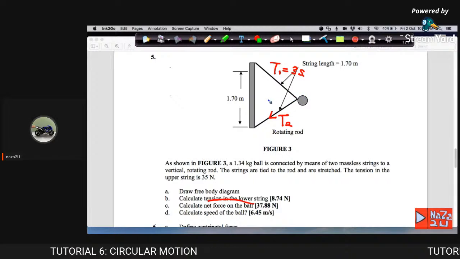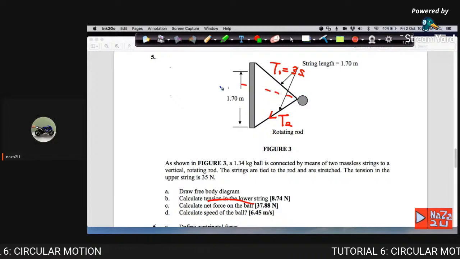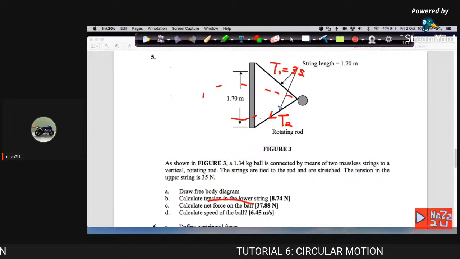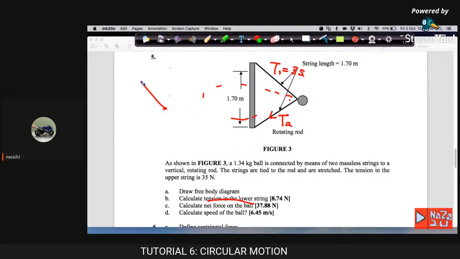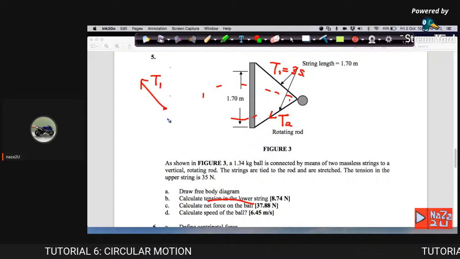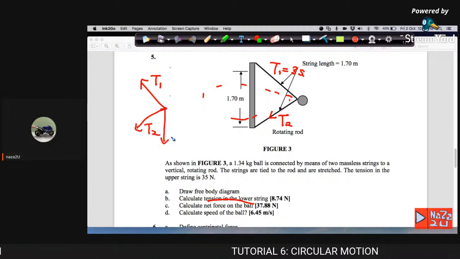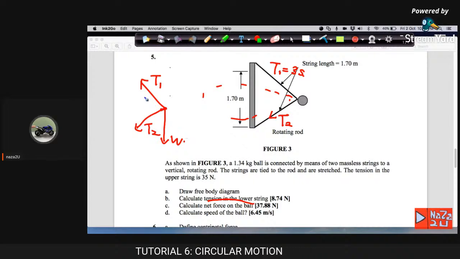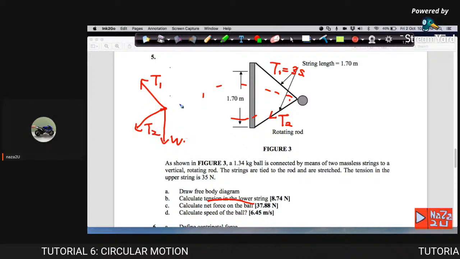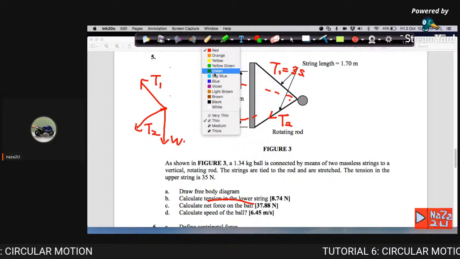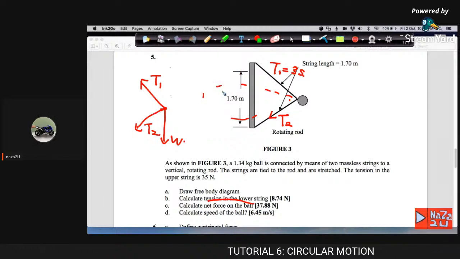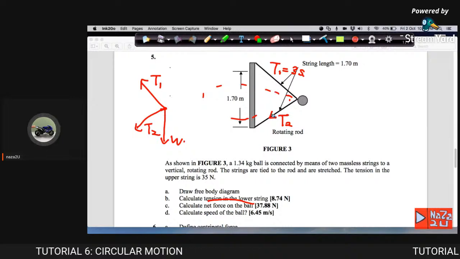For the free body diagram, we have T1, T2, and the weight force W. So we have the three forces here. As usual, you can resolve along the Y axis or the X axis. Now the question asks you to calculate T2.